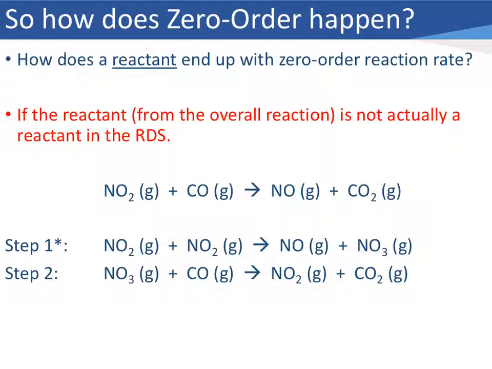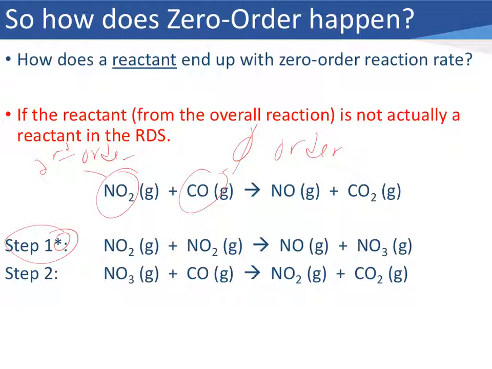NO2 plus CO makes NO plus CO2. If the first step is the rate determining step, CO is not part of that. So CO would be zero order and NO2 would be second order. And that is our rate expression, k times [NO2] squared.